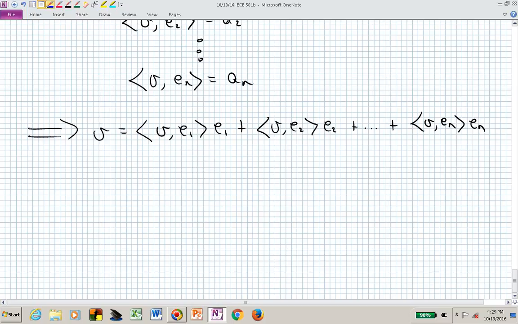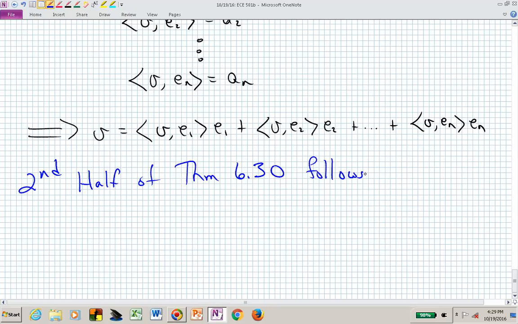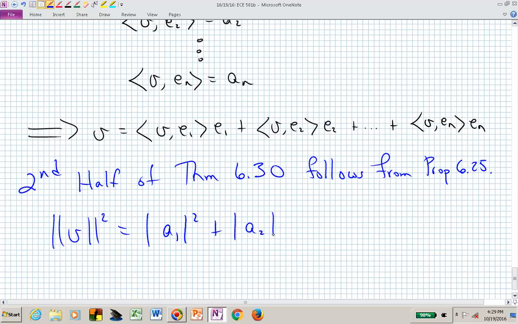So the second part of this theorem, theorem 30, follows from proposition 625, which says that the norm squared of that vector V is actually equal to A1's magnitude squared plus A2's magnitude squared, where those A's are indeed equal to these inner products in the decomposition of V in terms of those vectors E1 through E sub n.